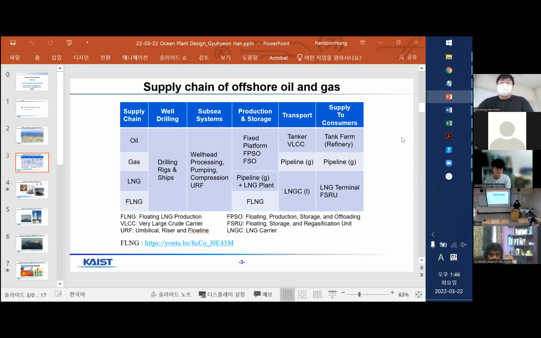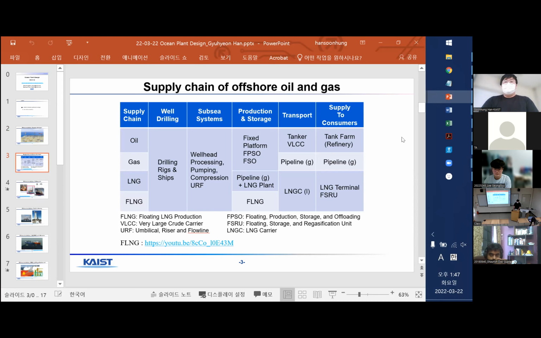And this table is for the supply chain of offshore oil and gas. Under the ground, under the ocean, we can get oil, gas, or energy, etc. This table shows the brief process of the oil and gas excavation. First, with drilling rigs or drilling ships, we can make a hole.